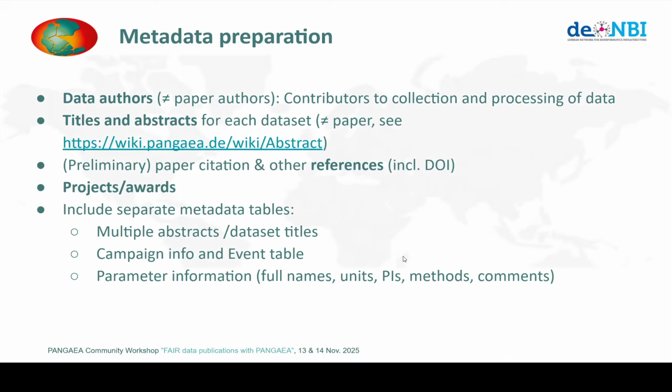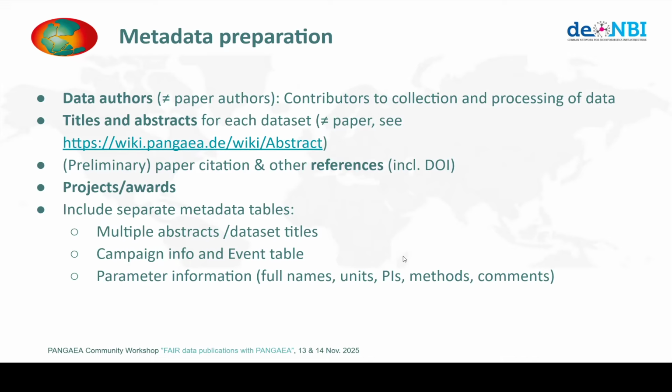Please also provide information on the preliminary paper citation if you're working on a manuscript that's related to your data, and also other references, including DOI. Don't forget project and award information, like who was the funder and award IDs and project name, because this is really important to us so we can link this information to your data set.